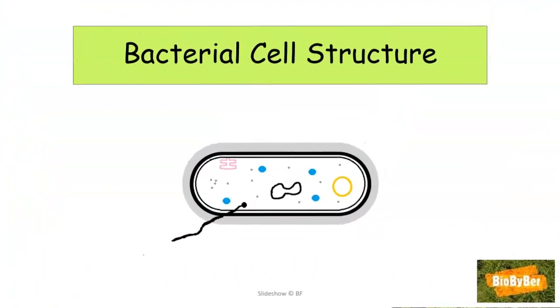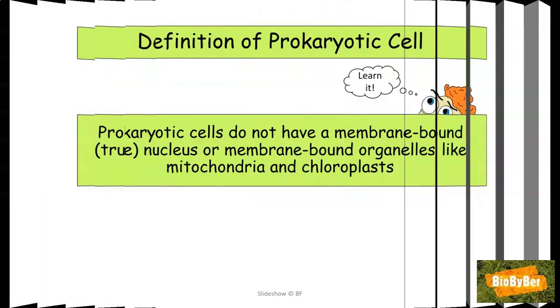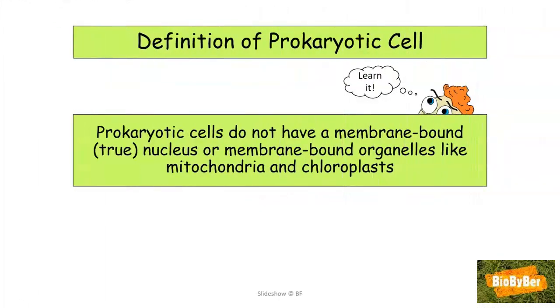Before we look at bacterial cell structure, let's remind ourselves of what we've already learned about prokaryotic cells. We've learned that prokaryotic cells do not have a membrane-bound true nucleus. They have no membrane around their nucleus.